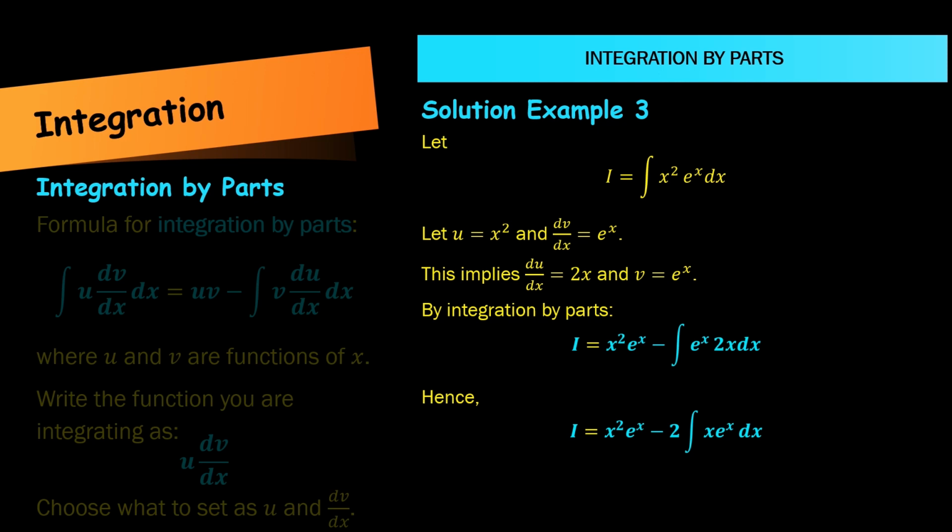So now we have another integral which we need to integrate. And of course the x before the e to the power x is the troublesome variable. So we need to apply integration by parts again to this integral. So let's do that.